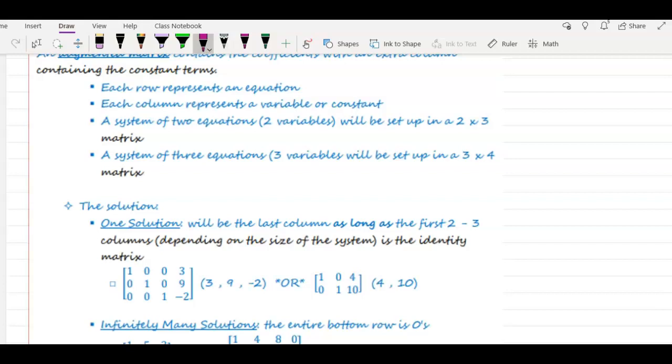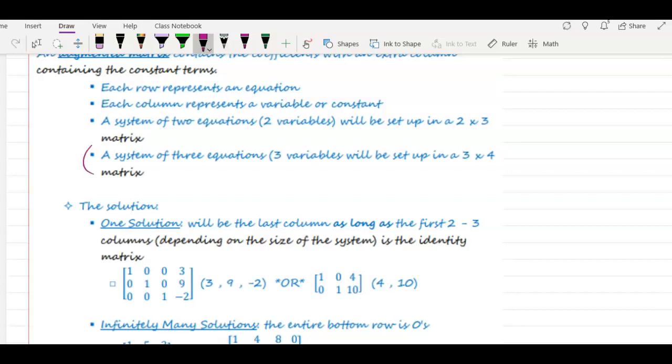If you have a column on your front porch or a column in a museum, the columns go from the ground to the top. The columns are vertical, okay? So that's how we can remember that these are the columns going up and down versus the rows that are going side to side. Each column is going to represent a different variable. And then the final column will represent the constants.